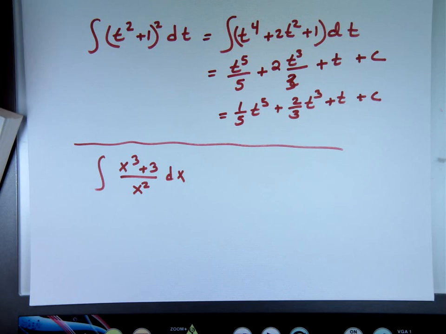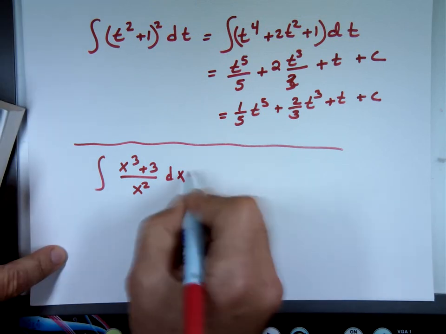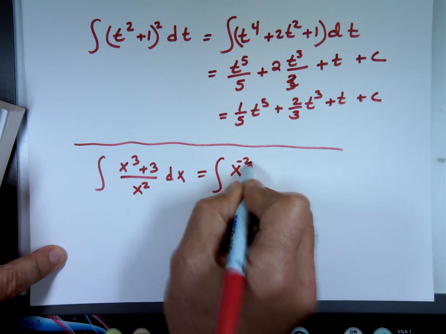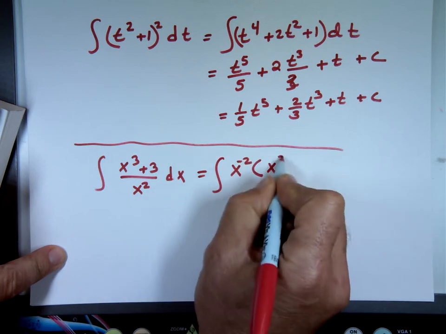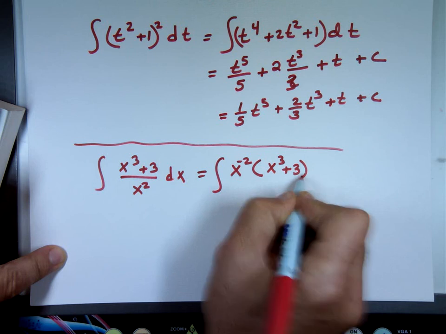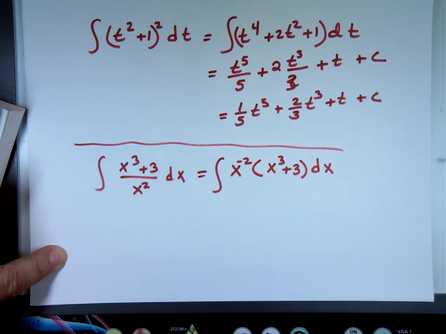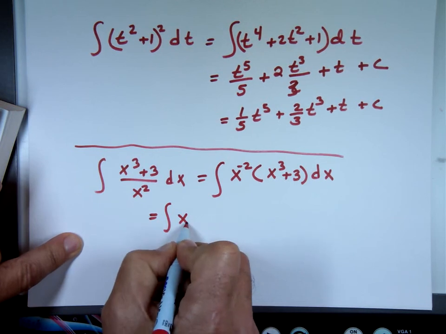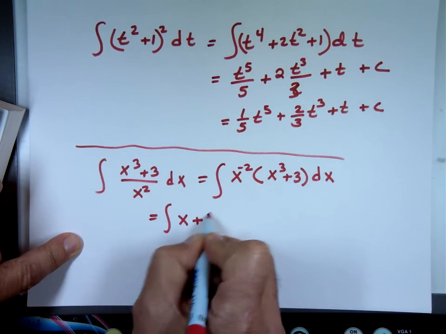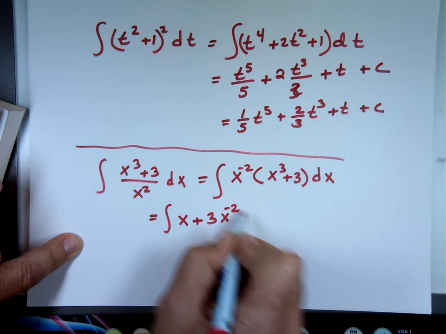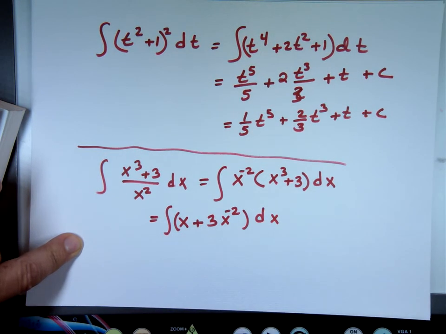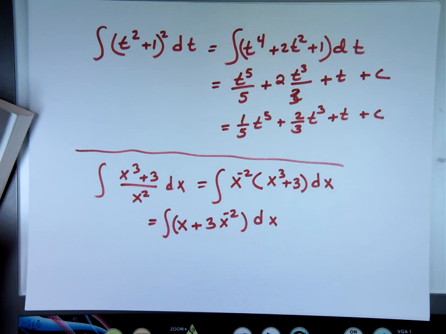I can rewrite that as what? X to the negative 2 times x cubed plus 3. Which becomes what? X plus 3x to the negative 2. Add 1 to the power and divide by the new power.